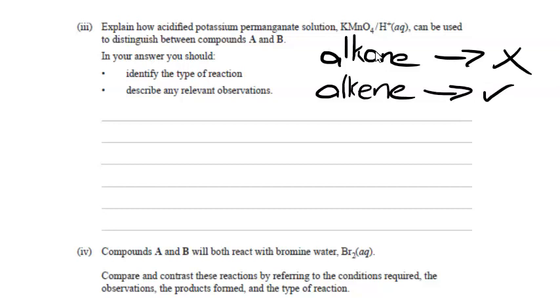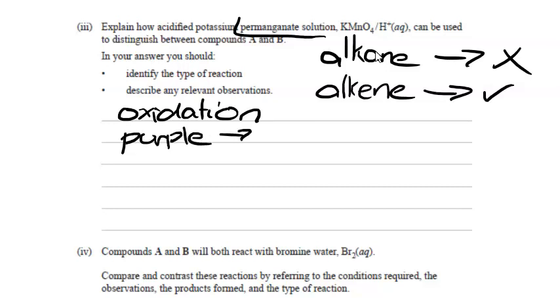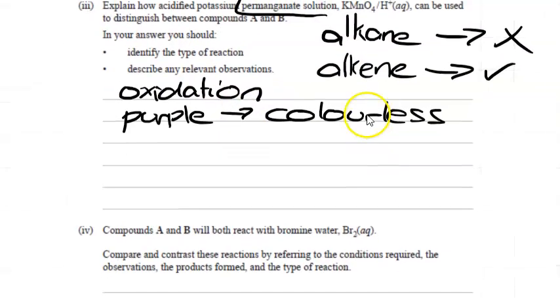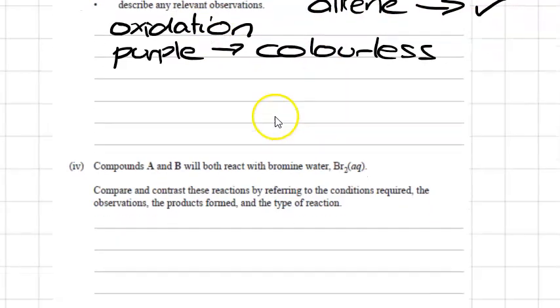So the type of reaction is oxidation, and because we're using potassium permanganate, we're going to go purple to colourless. Those are going to be our observations. So have a look at the oxidation reactions video that I've done if that's a little bit confusing for you. I think that's about all you need. Maybe, yeah, just saying that alkanes can't be oxidized. Alkene will be oxidized by potassium permanganate.